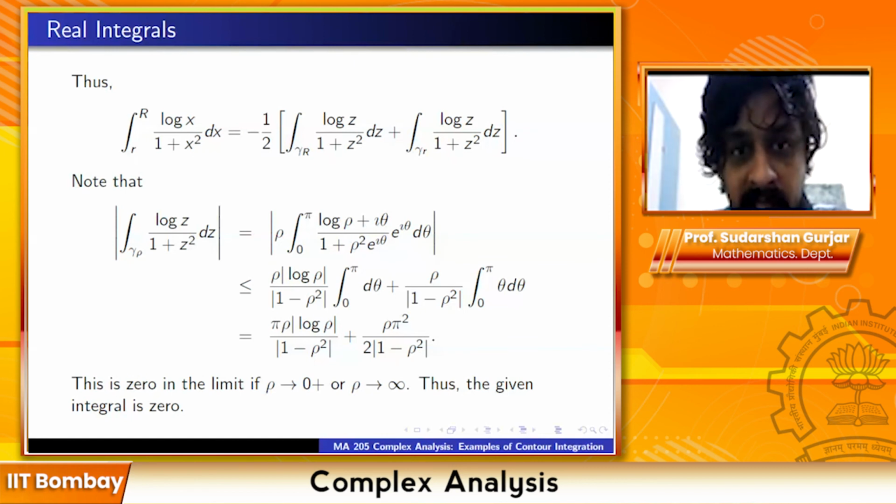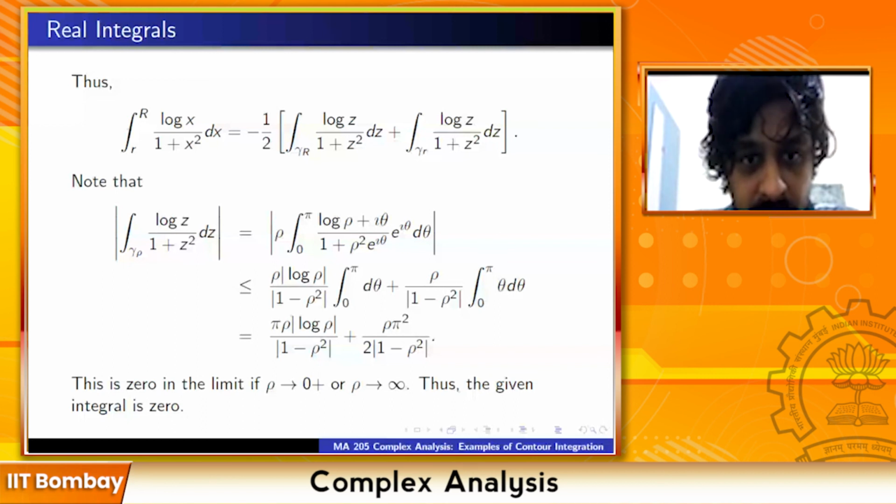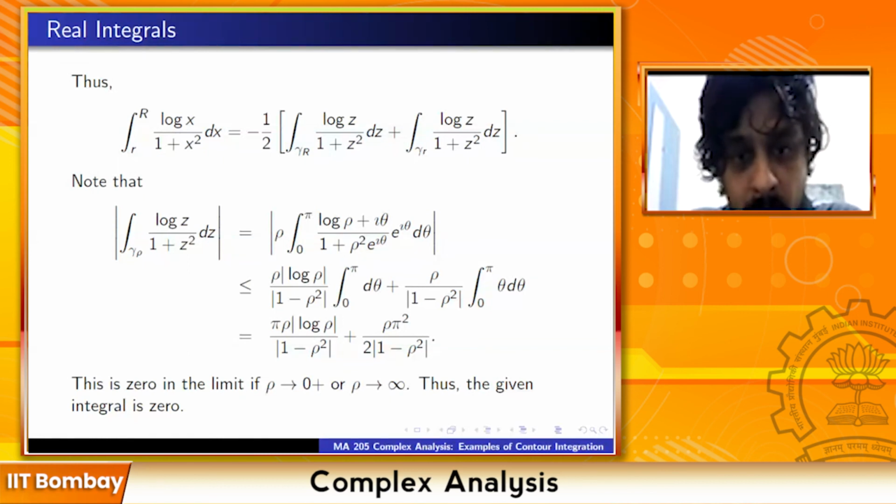Similarly, the second term will be bounded by rho upon the modulus of 1 minus rho square. So finally, when you integrate the two functions, which are very easy to integrate in this case, you get pi rho times mod log rho upon mod of 1 minus rho square, plus rho pi square upon 2 times modulus of 1 minus rho square.